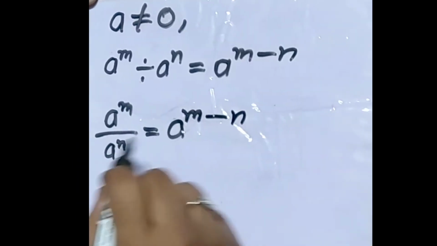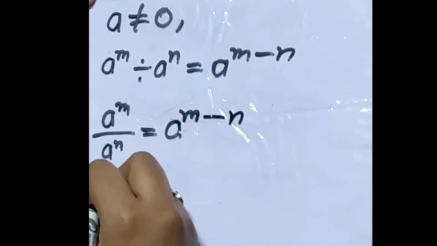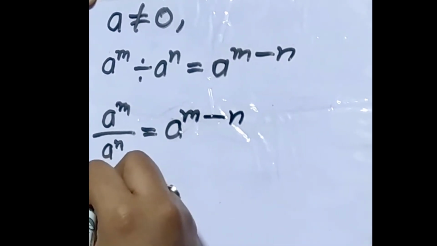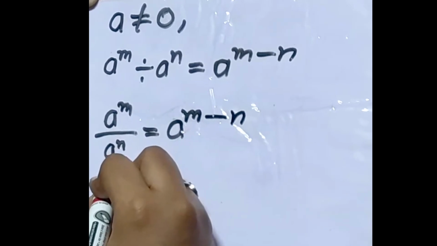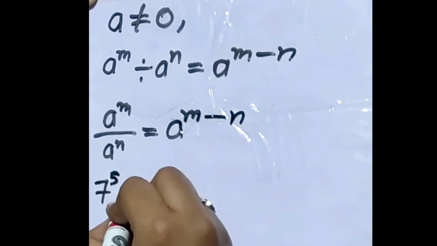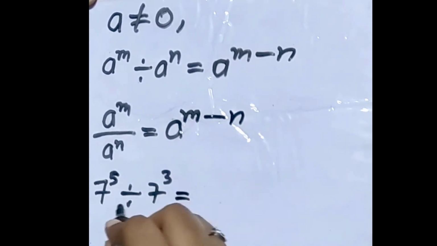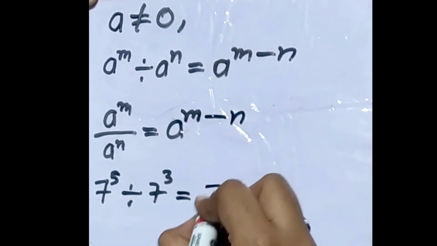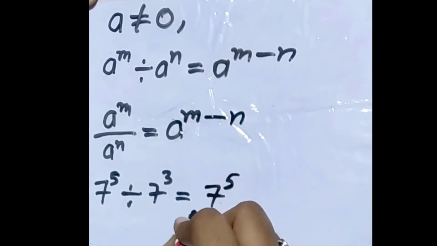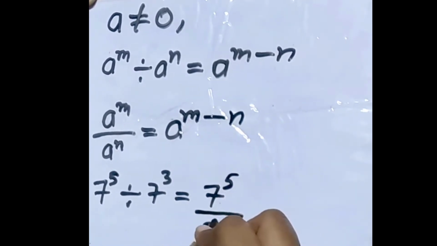Okay, now we will see this with an example. See here, 7 raised to 5 divided by 7 raised to 3. This we can write as 7 raised to 5 upon 7 raised to 3.